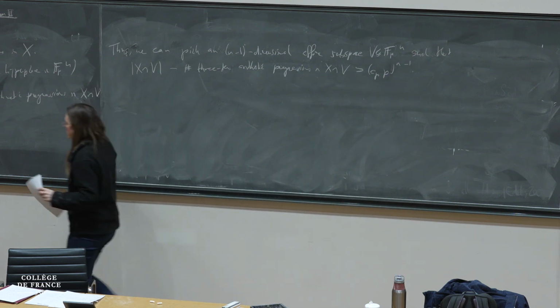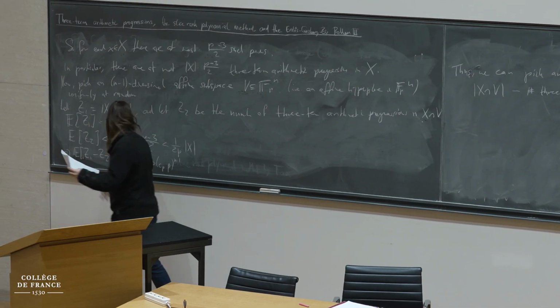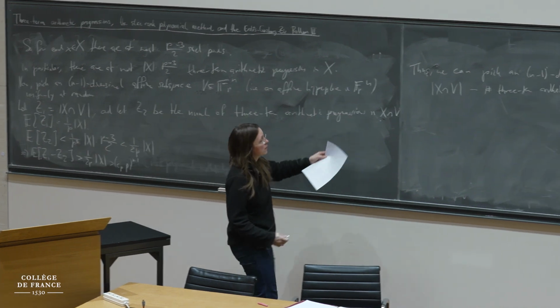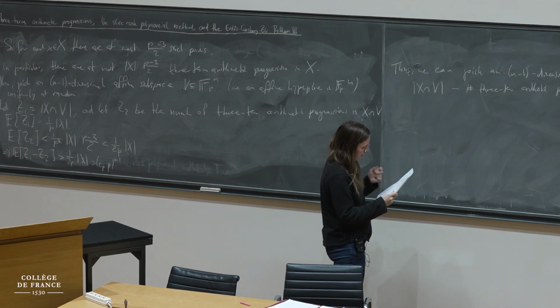Like we pick a subspace V so that this random variable is at least the expectation. So this is bigger than Cp times p to the n-1.